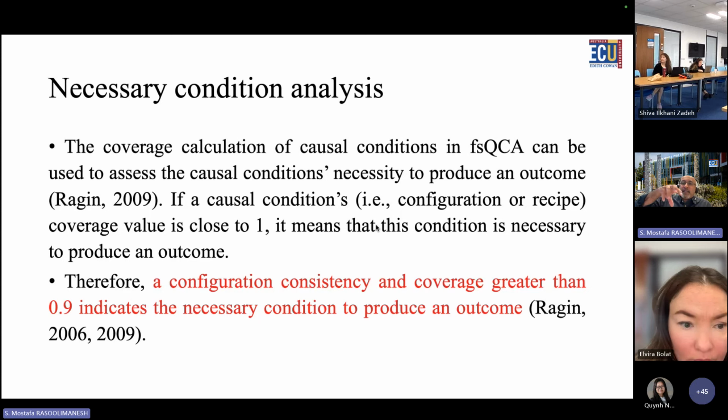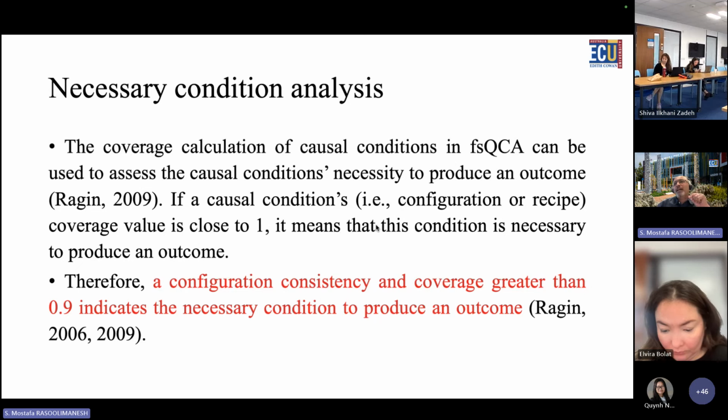Remember, at the beginning I explained that if a factor is repeated in all the different combinations that we have, it means this factor is necessary to create the outcome.